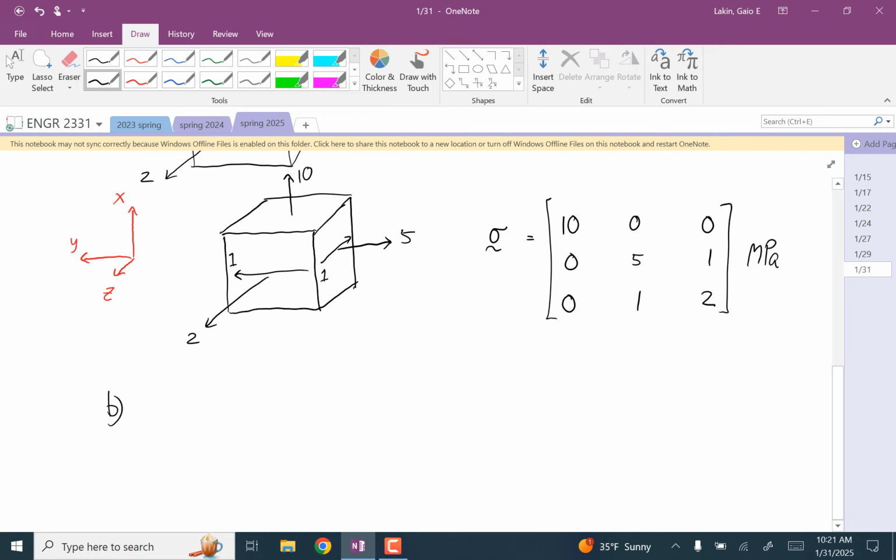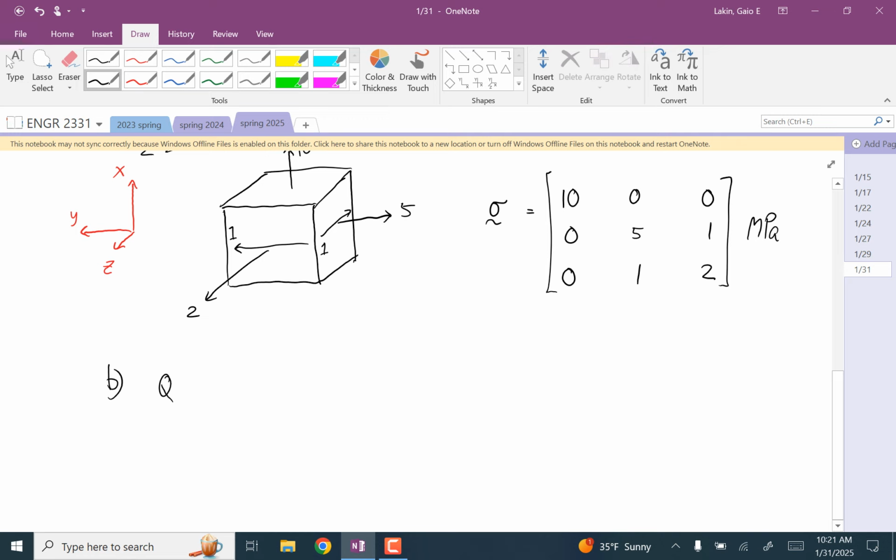Okay, so our rotation matrix Q. Let me draw what I always draw. We're going from this to this, and that requires a positive 90-degree rotation about z.